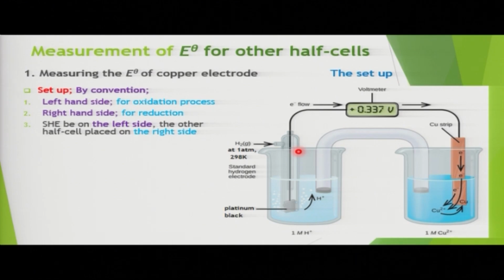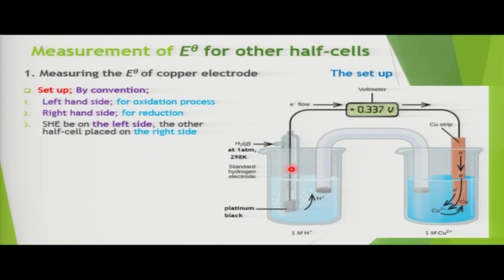Oxidation will always happen on the left-hand side, then reduction on the right-hand side. That is by agreement. And one other factor, the SHE will always be on the left-hand side.